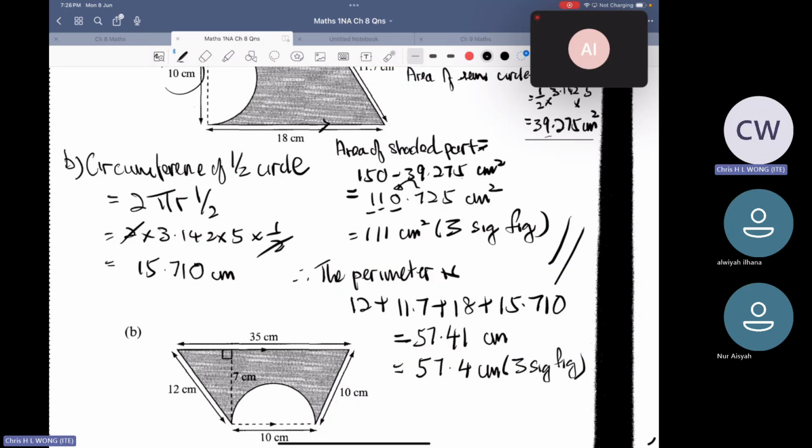I will not do this because it's the same thing. You find the area of the trapezium, find the area of the semicircle, minus the same thing. Okay. I will do that.